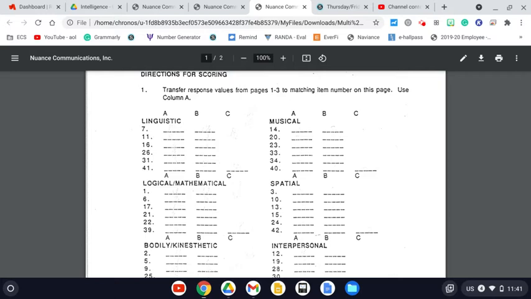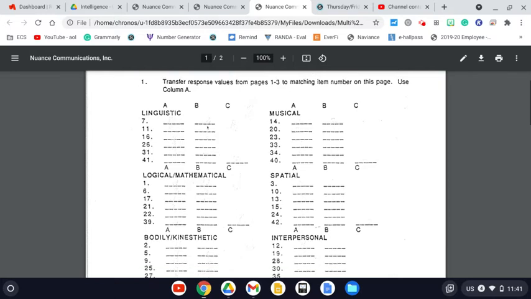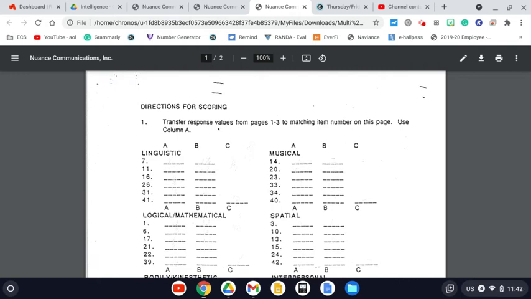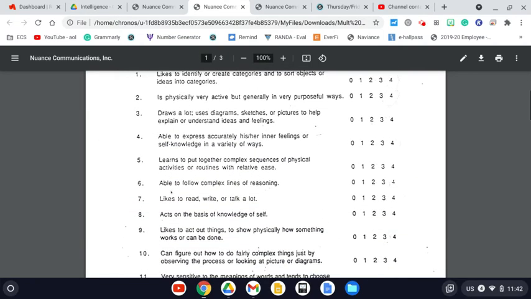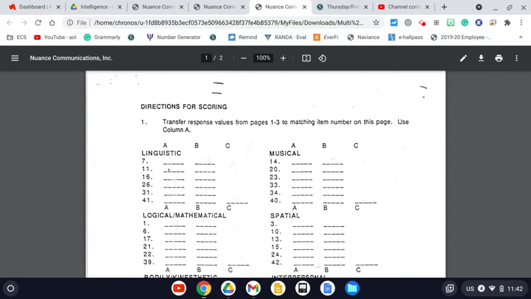So you're going to use this scoring sheet, open it up in Kami, and you're going to transfer all your responses from the values that you gave each question number. So for instance, question number 7, whatever you scored yourself, a 0, 1, 2, 3, 4, then go ahead and put it right here. Okay, you're going to do that for each of the questions.